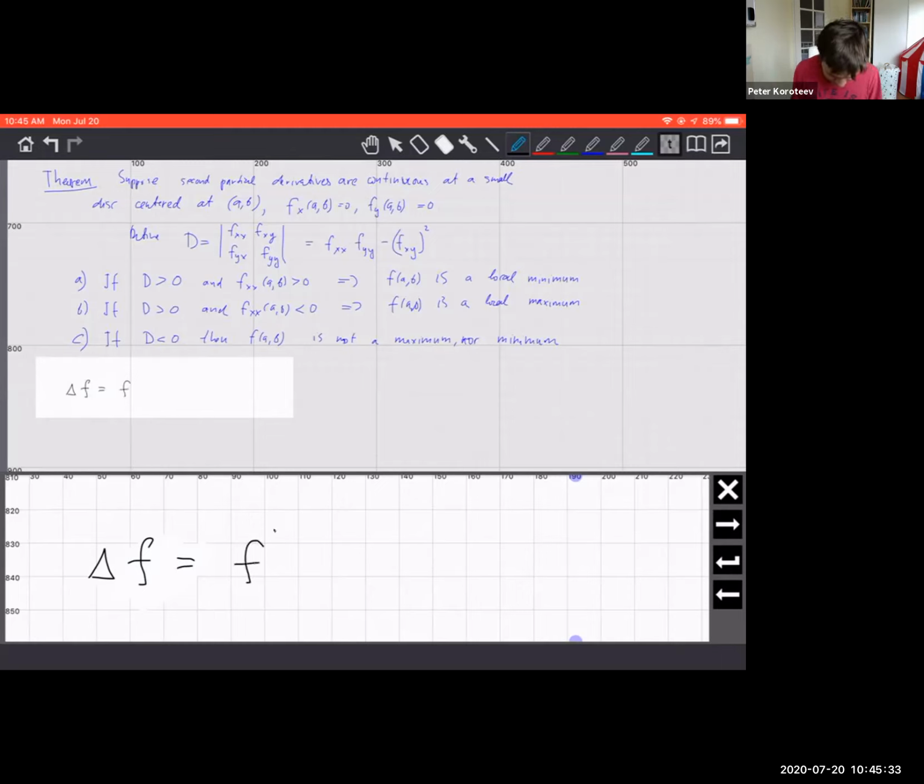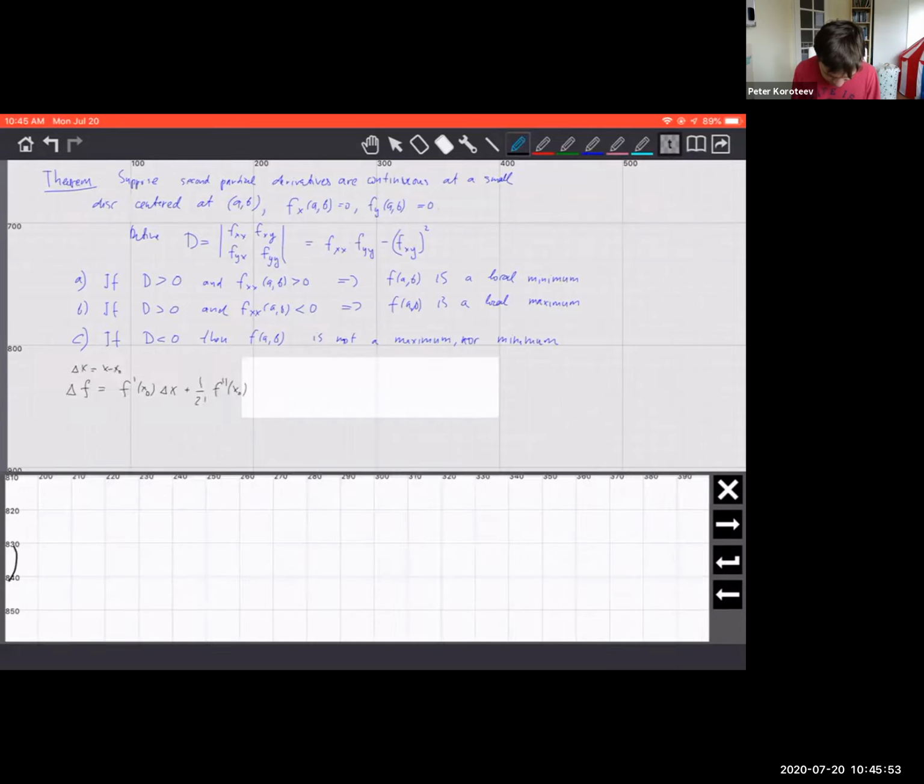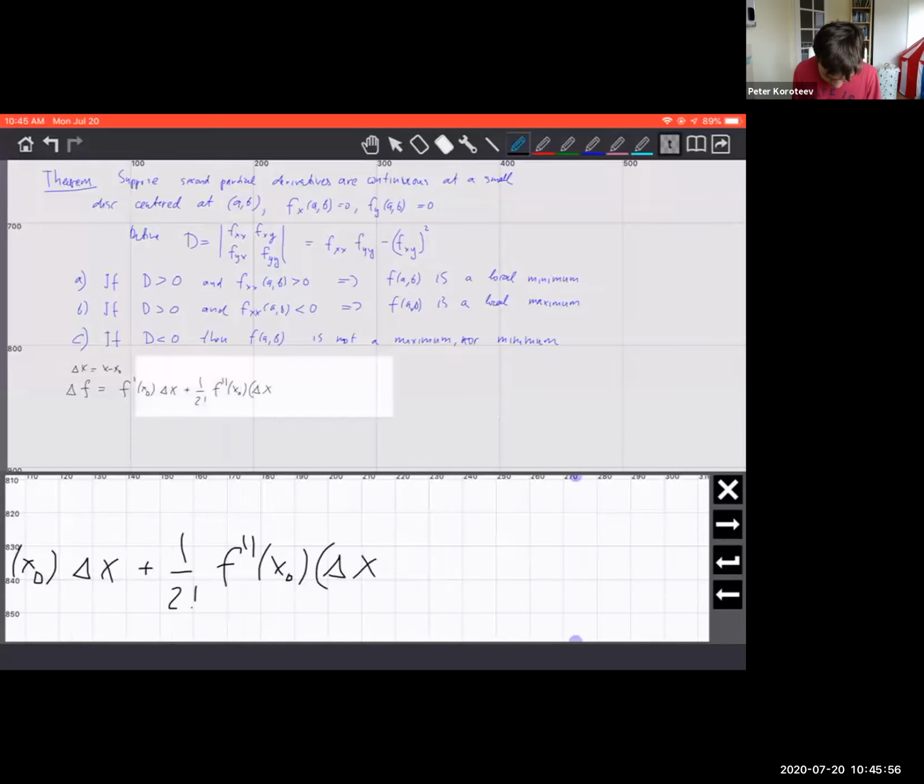You say it's f prime, where delta x is equal to x minus x0, and you're doing a Taylor expansion of the function around x equals x0. So the Taylor formula looks like this: f prime of x0 delta x plus 1/2 factorial f prime prime of x0 delta x squared plus higher terms, right?